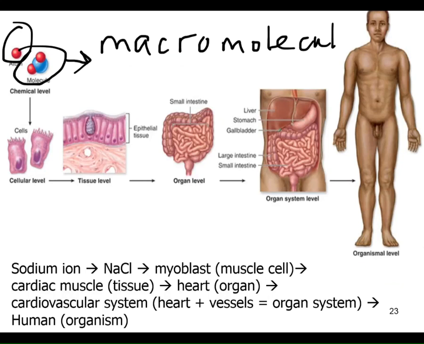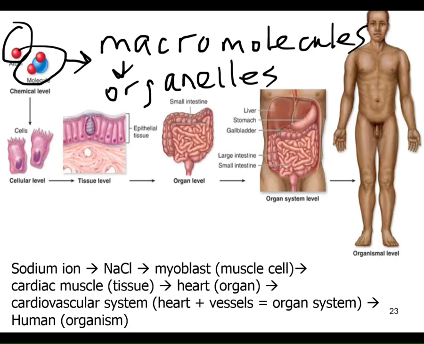And then, after macromolecules, I want to add one more layer, and that is organelles. So your cells have within them organelles. And then those organelles are critical to making cells. So you see, I added two more layers of complexity, if you will, in between molecule and cells.